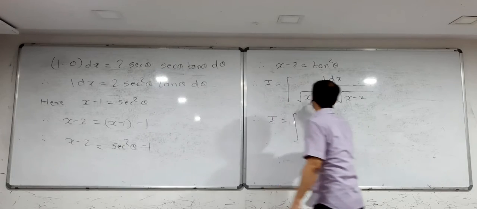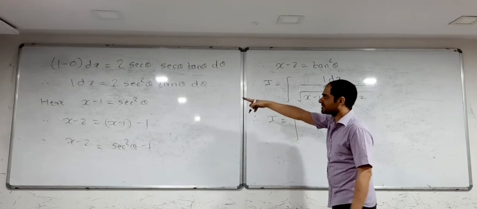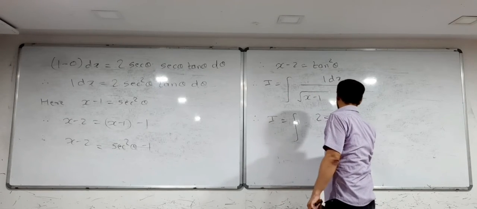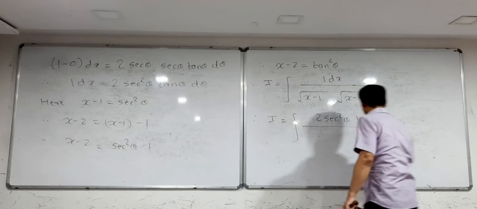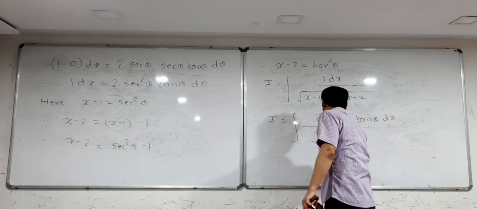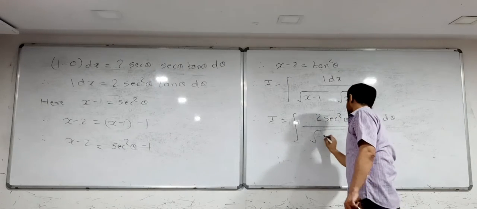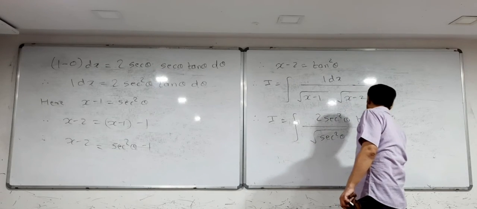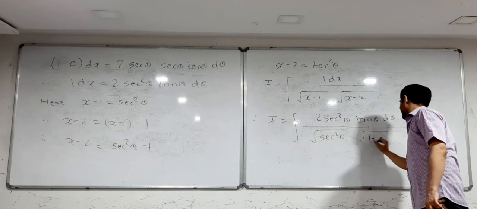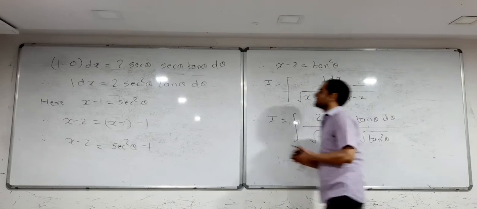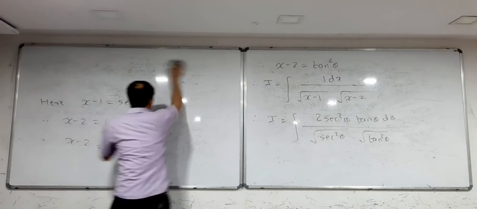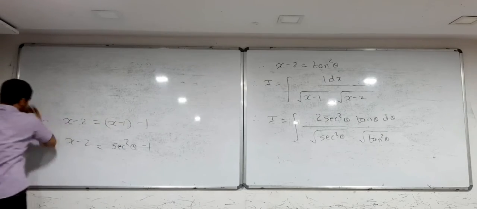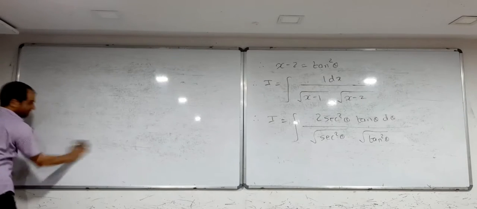So I is 1 dx. 1 dx is 2 sec square theta tan theta d theta whole upon square root of what is x minus 1? X minus 1 था sec square theta and what is x minus 2? Tan square theta. Now here 0 less than theta less than pi by 2. तो उसका मतलब तो अगर पूरा डिटेल में लिखना है तो ये मॉड आएगा, मॉड ऑफ sec theta, मॉड ऑफ tan theta.